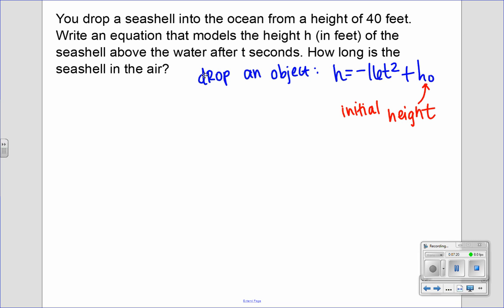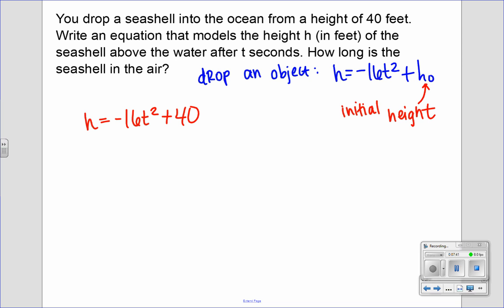All right, well, if we read this, it says you drop a seashell into the ocean from a height of 40 feet. Write an equation that models the height h in feet of the seashell above the water after t seconds. How long is the seashell in the air? Well, our initial height is 40, so we can plug in 40 to this model and we get our equation.